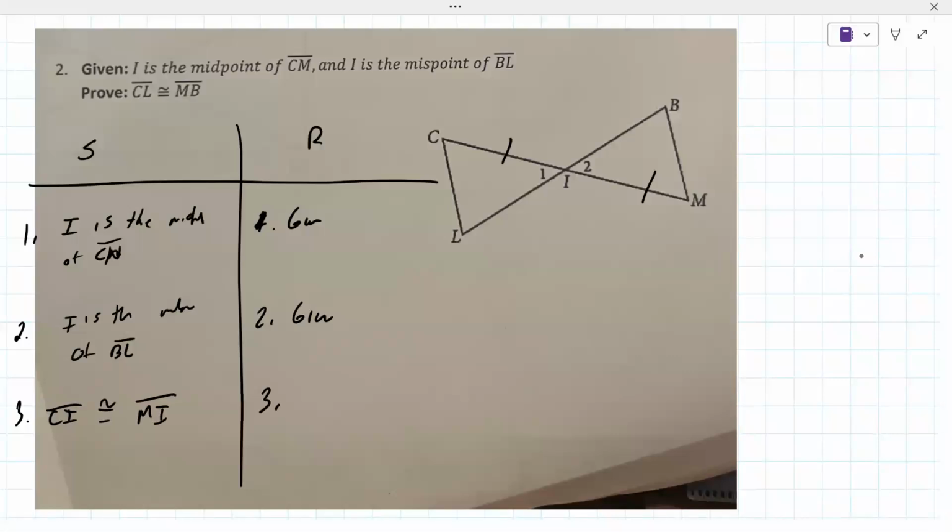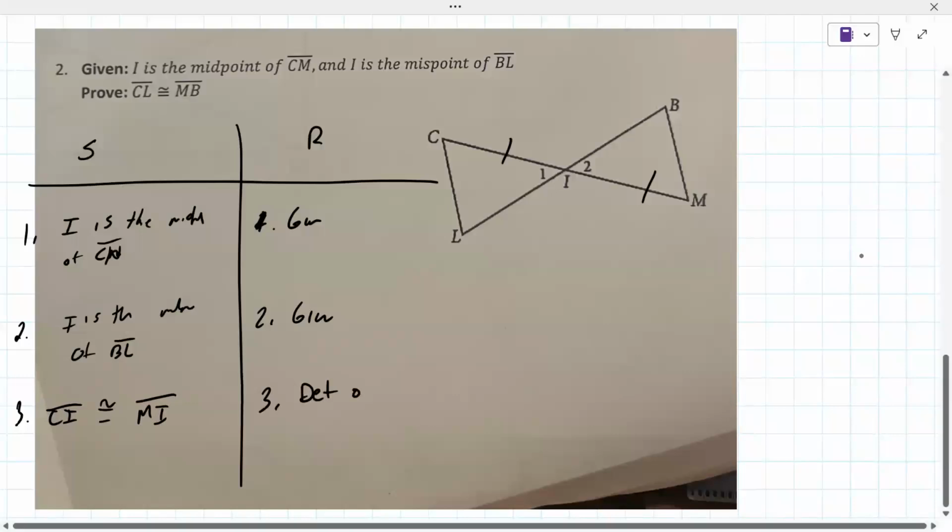Now the reason is a little bit more challenging to figure out. I'm going to give you the reason here. It's the definition of a midpoint. So it's not enough to just say, well, because it is. You have to say that since it is a midpoint, the definition of midpoint says that the two sides are congruent.